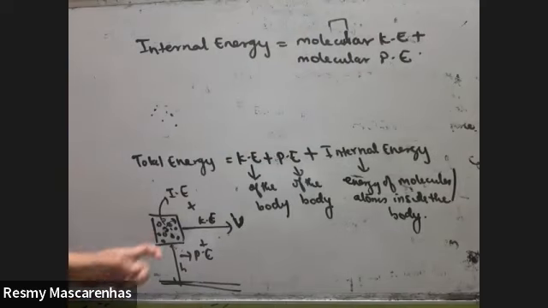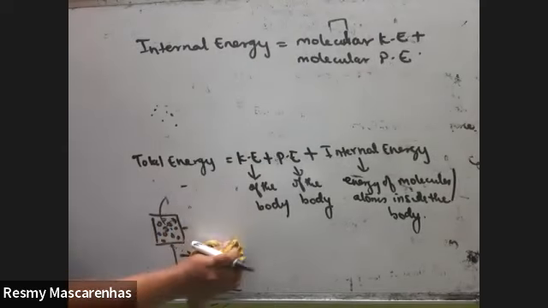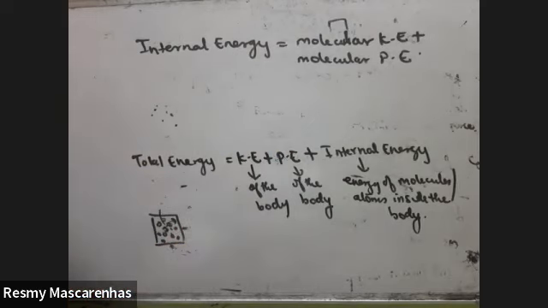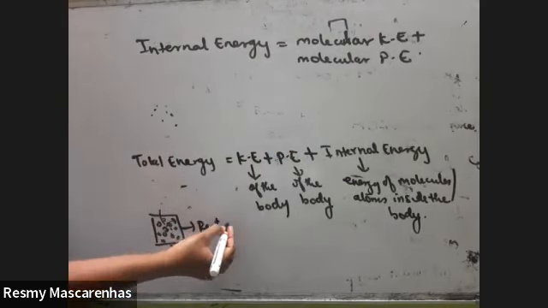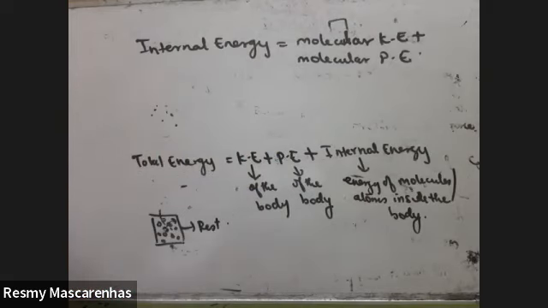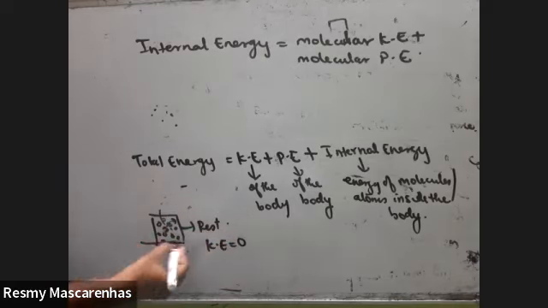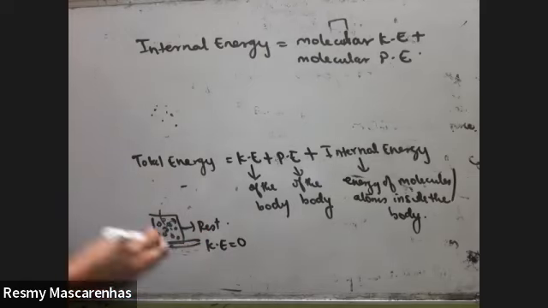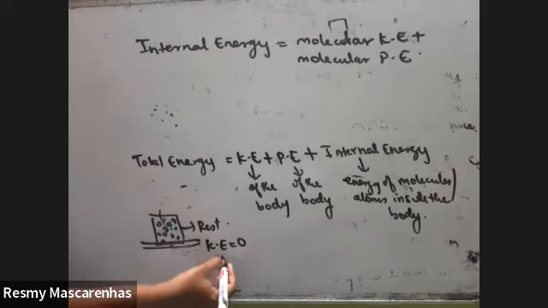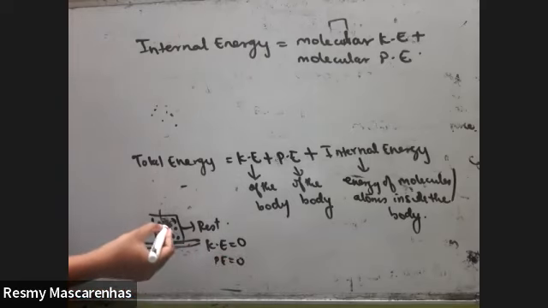Now consider this box is at rest. The box is not moving. Will the internal energy be zero? No. Even if the kinetic energy of the box is zero, and suppose it is at the ground, not under gravity, and the potential energy of the box is also zero, the molecules are always moving amongst each other.